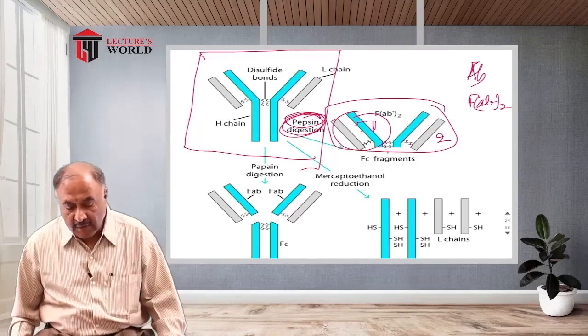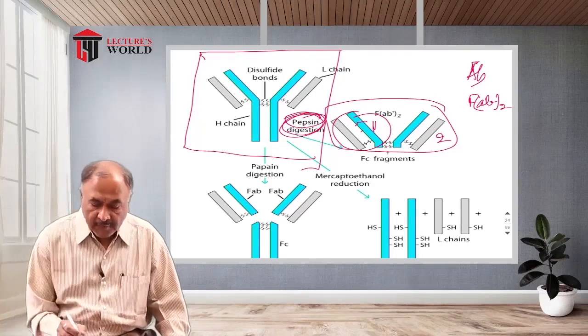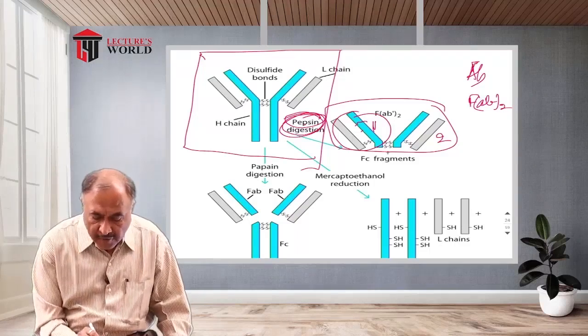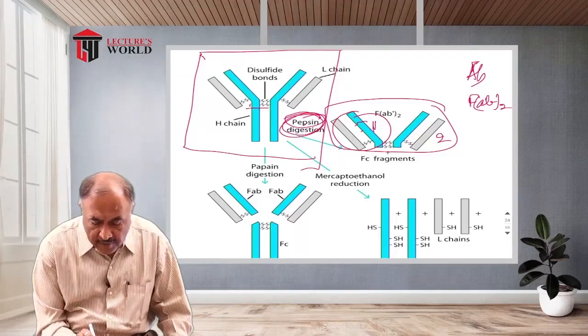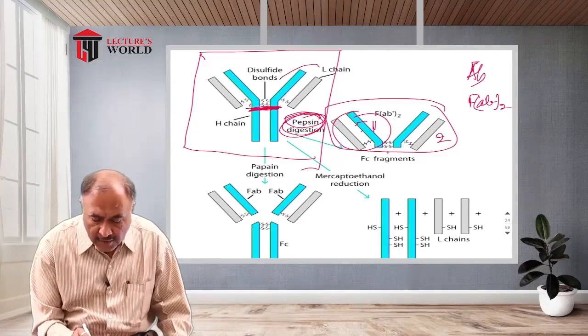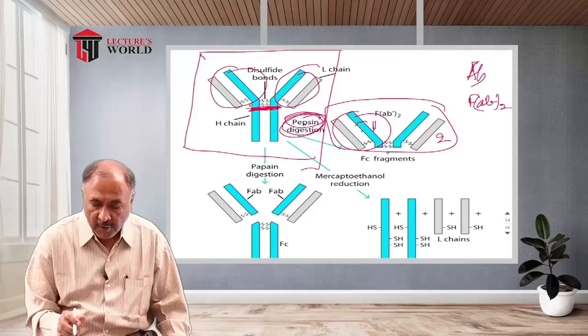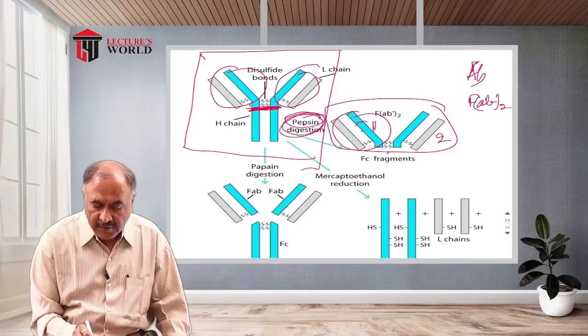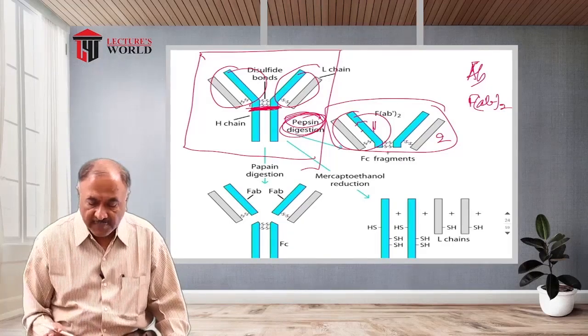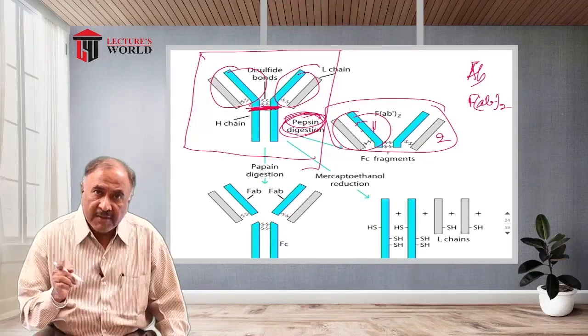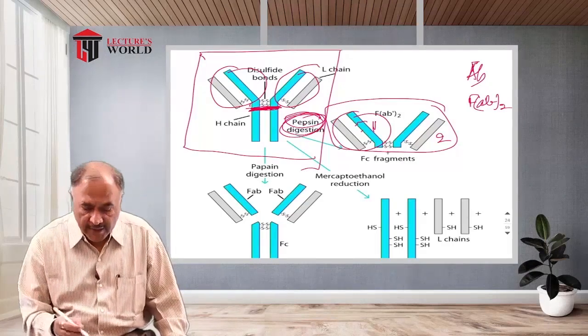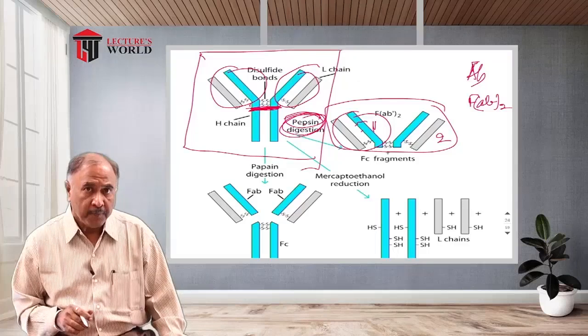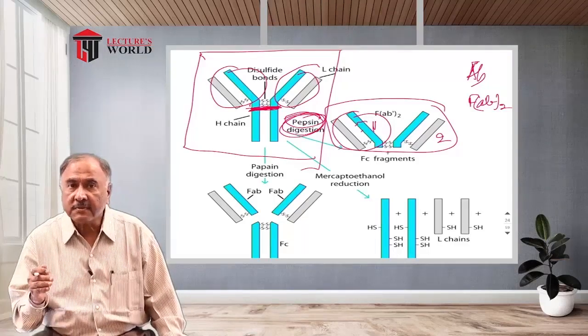Now why did they obtain it like this? Because the mode of action was somewhere here. Pepsin acted here, so these two fragments were obtained, and this one was completely digested. But with another proteolytic enzyme, papain, the digestion was different.